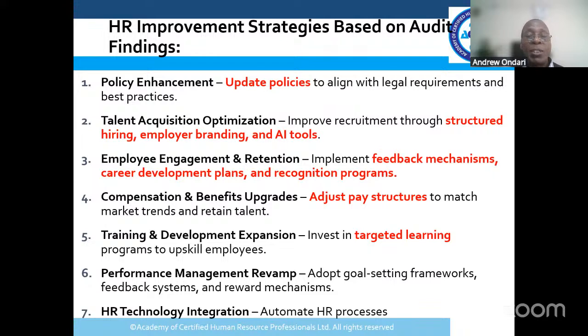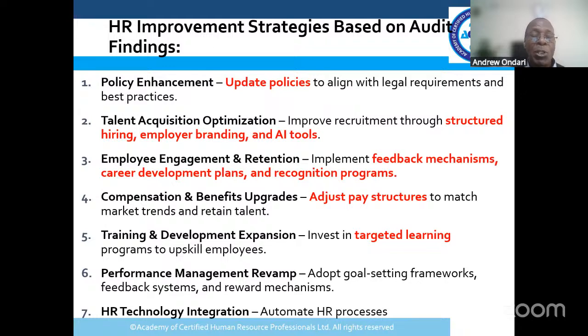So if there was a problem with acquiring the right quality of employees, then you should restructure your processes so that you get the right quality of employees, especially at the time of vetting.